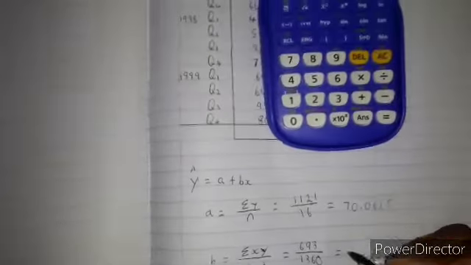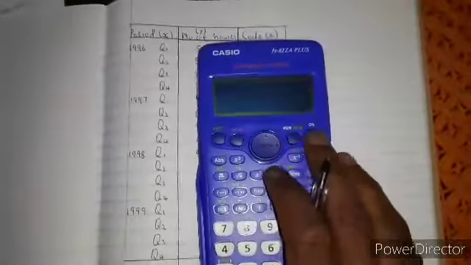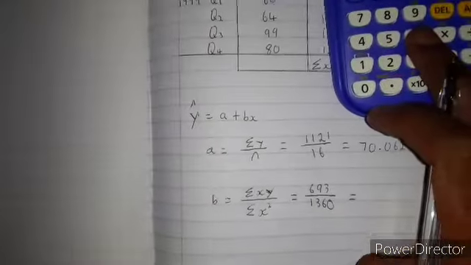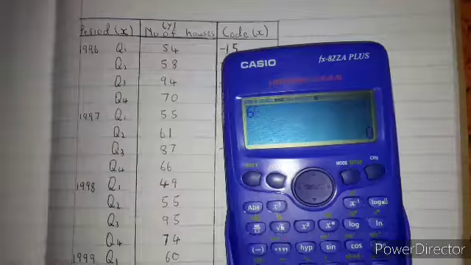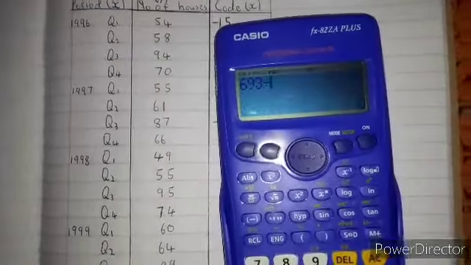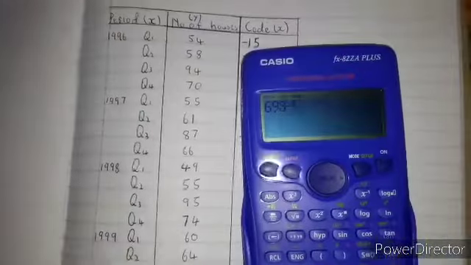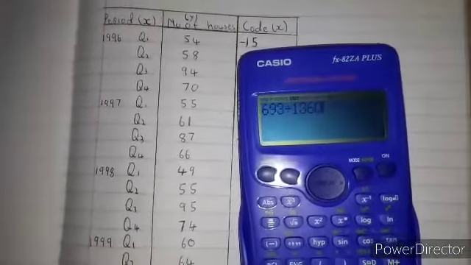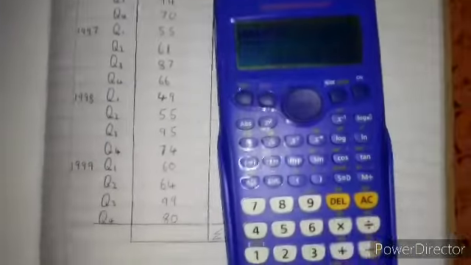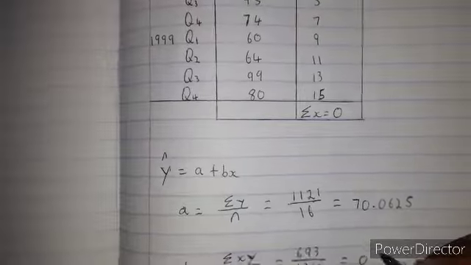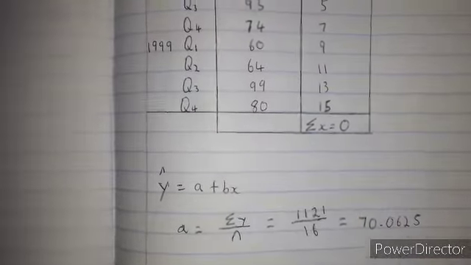Which is equal to 693 divided by 1360 equals 0.509.